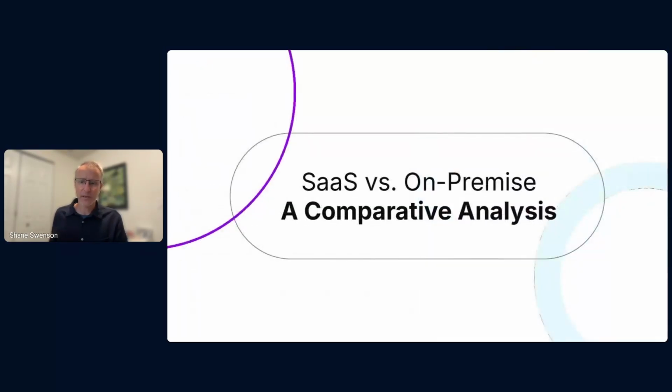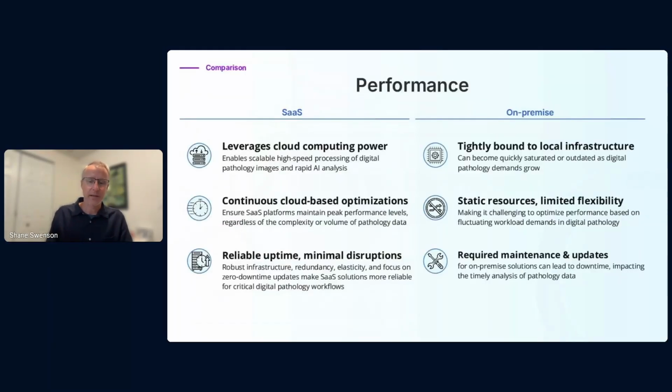So now let's look a little bit at some comparisons. First one, if we talk about performance, software as a service solutions are very highly performant. They have access to entire data centers worth of compute, storage, and network. They enable continuous optimization to deliver a better experience over time, and they're very highly available.